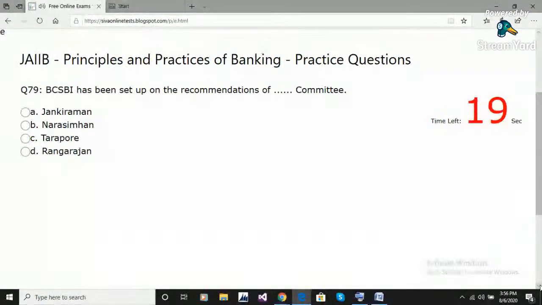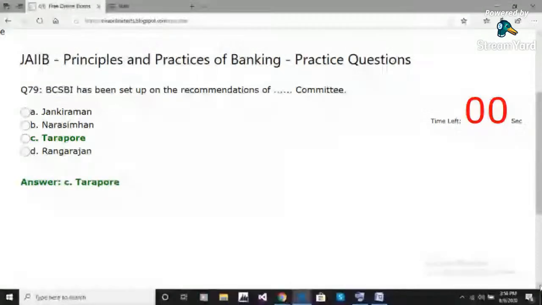Question 79, MIBOR has been set up on the recommendations of Committee. Option A Janakiraman, Option B Narasimham, Option C Tarapore, Option D Rangarajan. Answer C Tarapore.